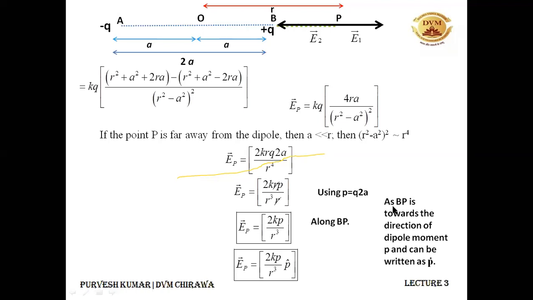So in place of along BP, I have written P cap, because the direction BP is towards the direction of the electric dipole moment. So this is all about the derivation for the electric field due to an electric dipole at an axial point.